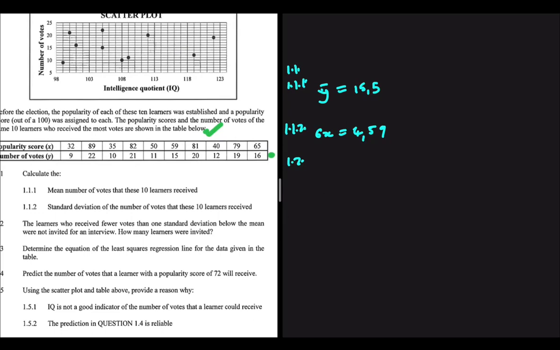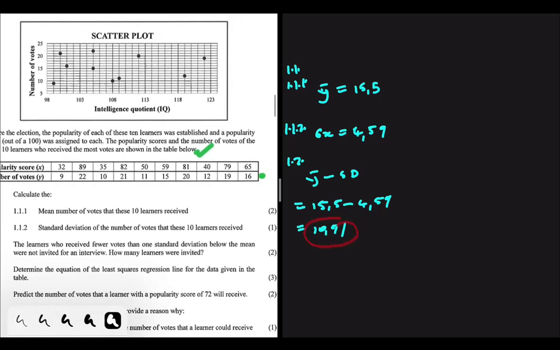So we're going to have y bar minus the standard deviation, right? This is equal to the mean, 15.5, minus the standard deviation, 4.59. And this should be equal to 10.91.